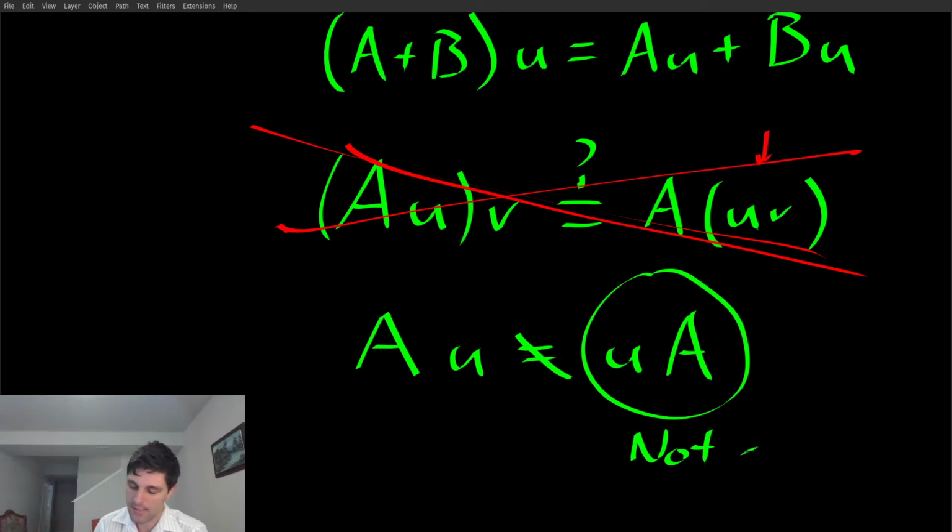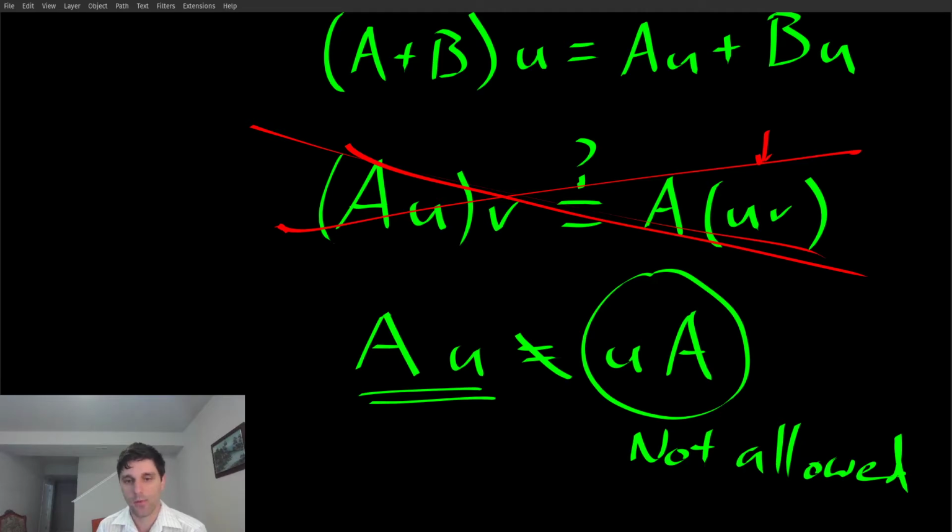You can't multiply from the left like that with a vector. It has to be this one. We'll see once we get a little bit more into matrix multiplication why that is. So this sort of distribution works the way we would expect, but it's not commutative or associative, so you can't do that.